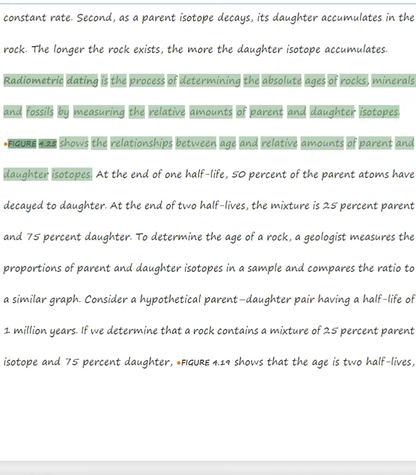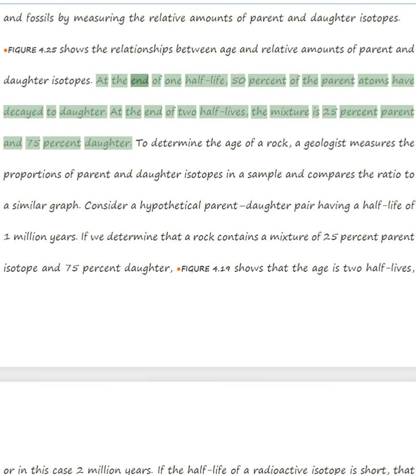Figure 4.25 shows the relationships between age and relative amounts of parent and daughter isotopes. At the end of one half-life, 50% of the parent atoms have decayed to daughter. At the end of 2 half-lives, the mixture is 25% parent and 75% daughter.